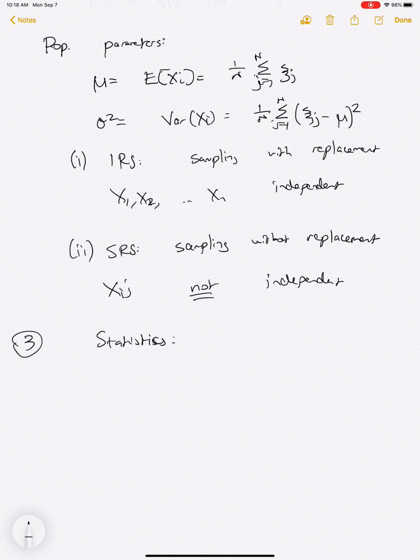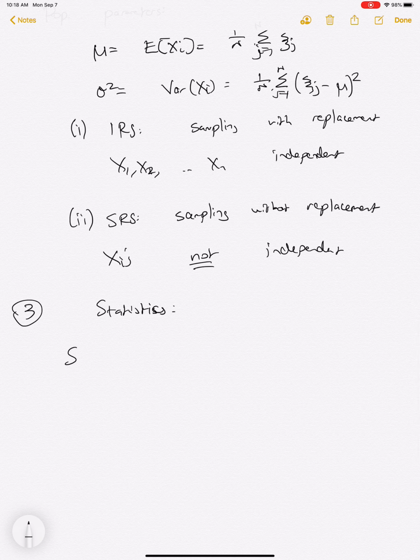The statistics we consider are the sample mean, which is a function only of the sample data, and then the sample variance.